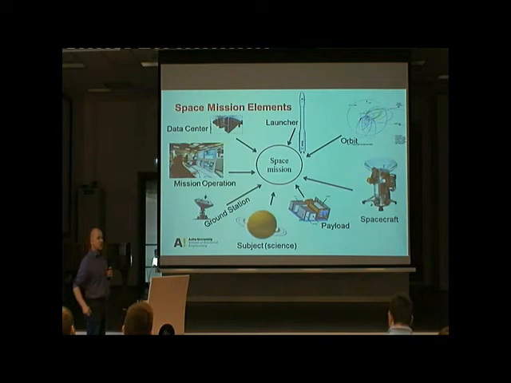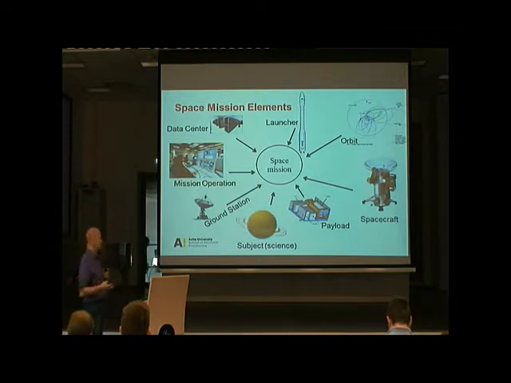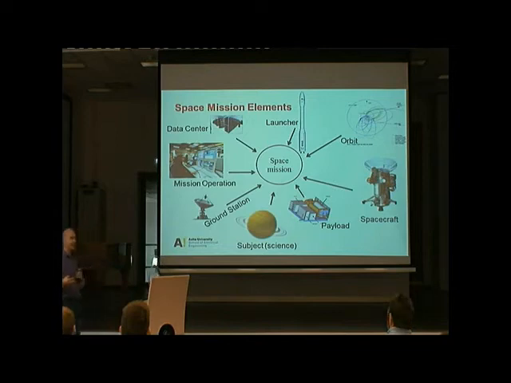So you have to very exactly design your orbit according to the needs of your science objective. Then you have, of course, the spacecraft, which is carrying your payload to space, and then you have your science. You normally have an entire big team of scientists who are working with your mission and actually defining what they want to measure, when they want to measure, how they want to measure.